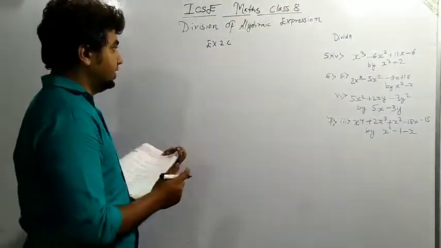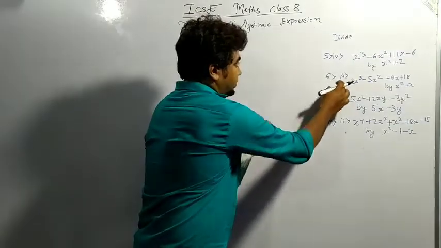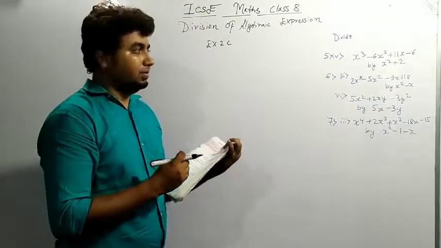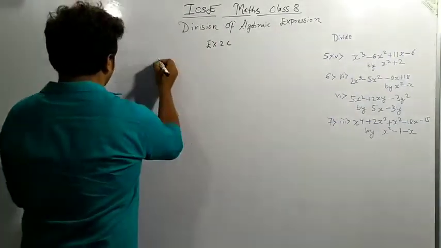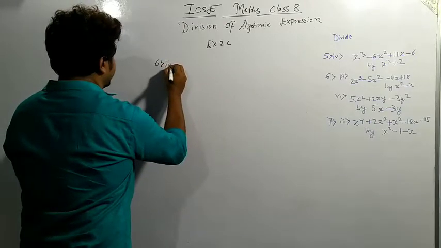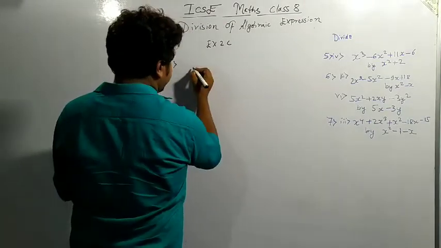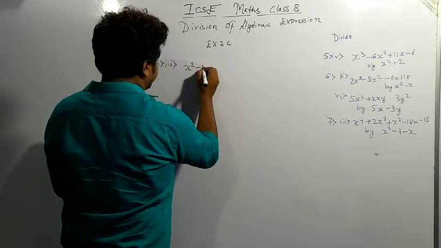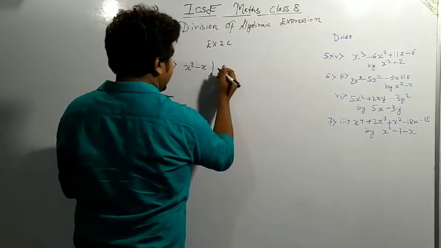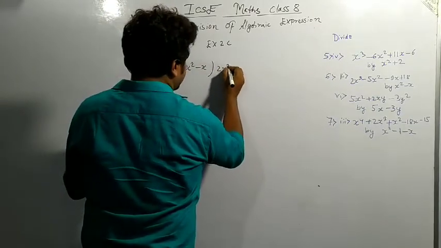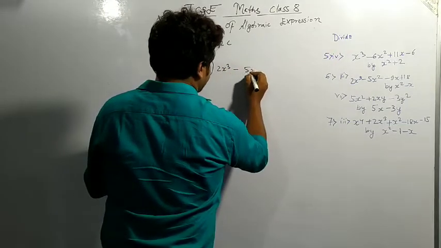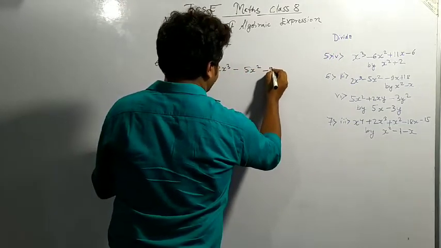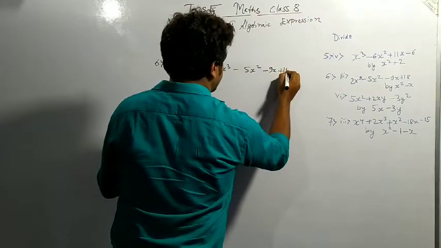Okay, now again we'll be discussing question 6(iii) related to division. In this question we have to divide 2x cube minus 5x square minus 9x plus 18 by x square minus x.